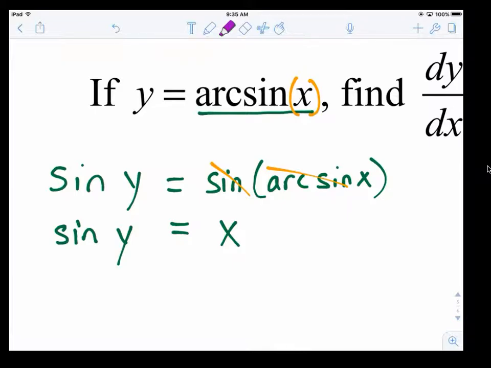Right now we're just trying to get the x to be by itself, because we don't know yet what the derivative of arc sine is. So we're trying to get it into things that we know. We know how to do this, we know how to do that. I see your thinking process, but it's not going to help you. It's going to be more challenging.